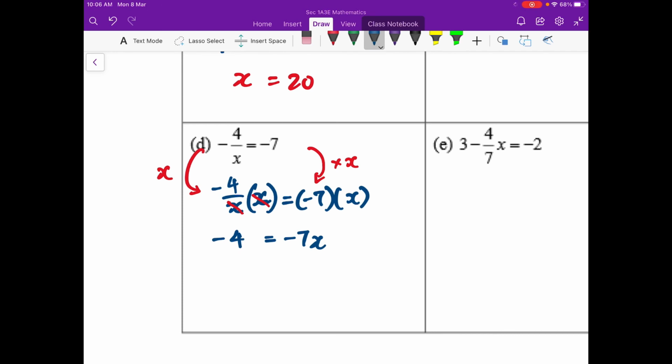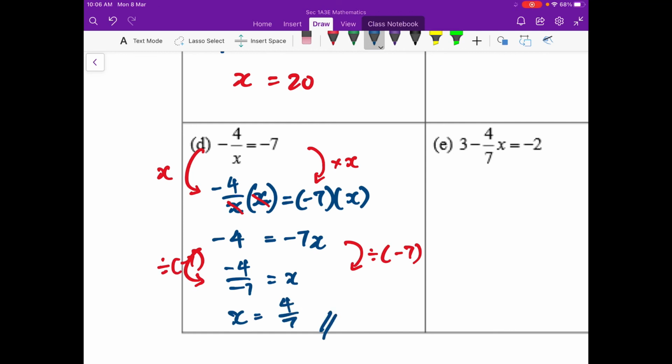How do we do so? Times or divide? Divide negative 7. It is a coefficient, so just divide by negative 7. Then on the other side, we end up with negative 4 over negative 7 equals to x. X equals to 4 over 7. This is one way of doing it. There are many ways of doing it.